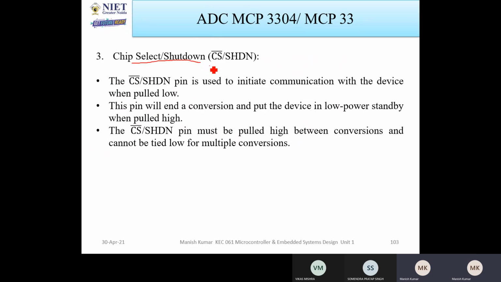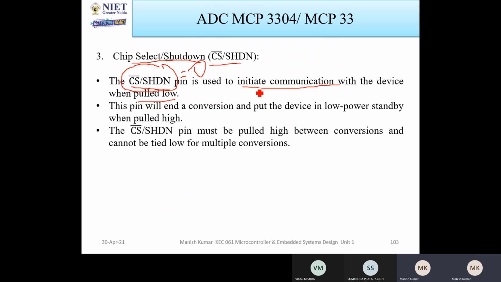This is called chip select shutdown. It is used to initiate the communication. Input is there, but when the ADC converts analog signals into digital signals, when this pin is pulled low, since this is an active low signal, you have to provide chip select value 0, then the communication will start.